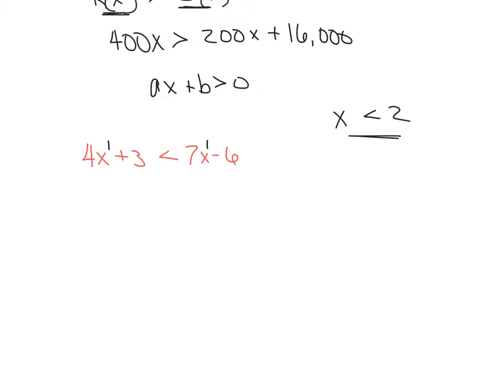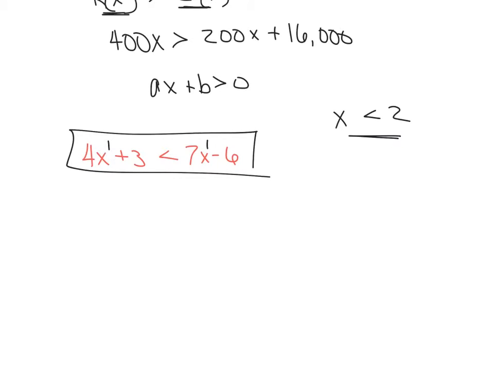Well, there are an infinite number of answers. All of the numbers that are less than 2 will make this a true statement. So that's what I'm saying is an infinite number of answers. Okay? So, solving an inequality means finding all of the numbers that make the statement a true statement.